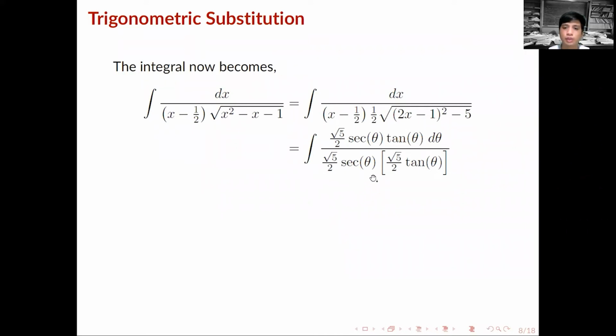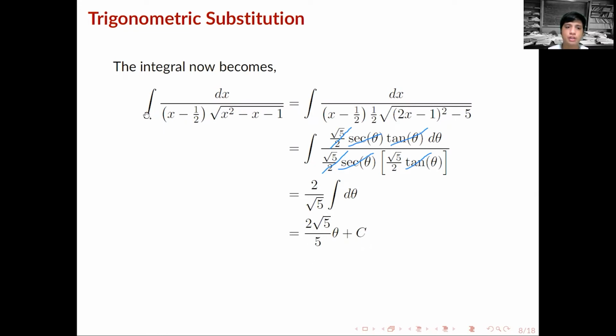And as you can see, we can cancel out secant theta, tangent theta, and square root of 5 over 2. The only thing that is left is square root of 5 over 2, which we can reciprocate and move out of the integral to obtain this. And after evaluating it, we will obtain 2 square root of 5 over 5 theta plus c.